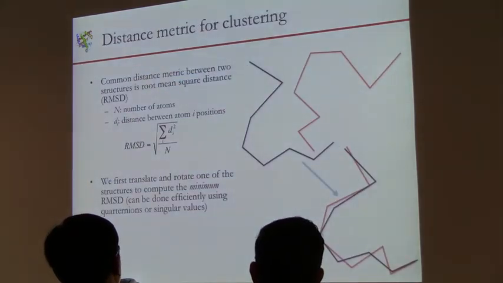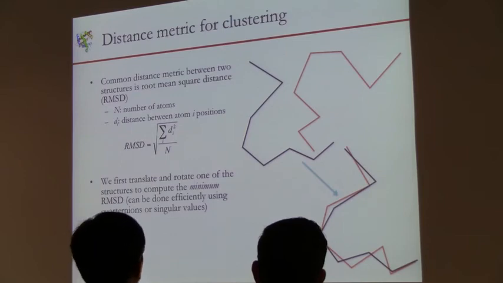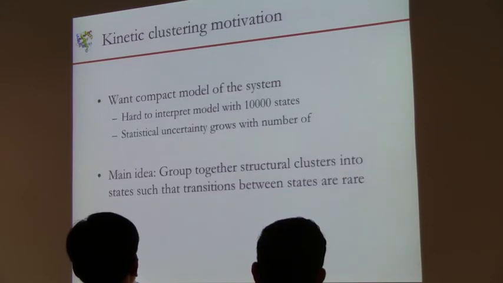Alternatively, you can do a 2-step process. On the first step, you cluster your configurations based on some distance metric. Most typically that's RMSD. And on the second stage, you join. So you have to join them, because if you have 1,000 or 100 states, you cannot analyze them, and there is huge uncertainty in the elements of the transition matrix.